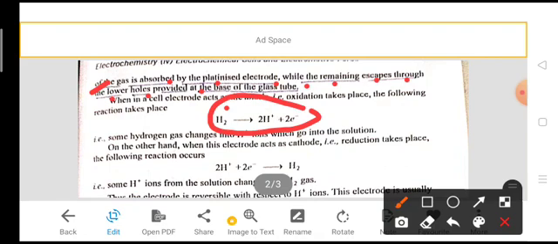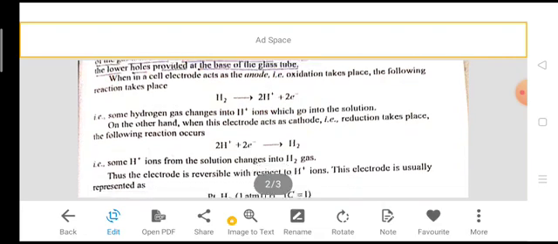So when oxidation takes place at the normal hydrogen electrode, the H plus ion concentration in the solution increases. So when the H plus ion concentration increases in this solution, the electrode acts as anode.